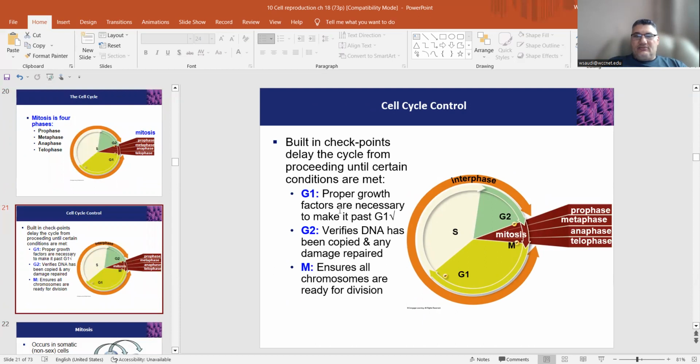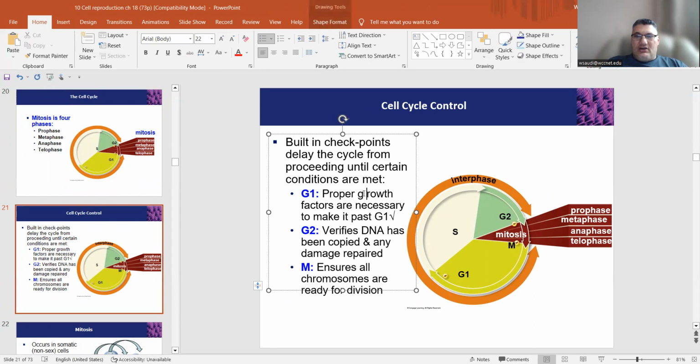Here it is again, G1. G is the first letter of growth, so this is growth number one. Growth of what? Factors needed to duplicate, which is S, to synthesize and duplicate DNA. S is the synthesis, which is when you duplicate the DNA.